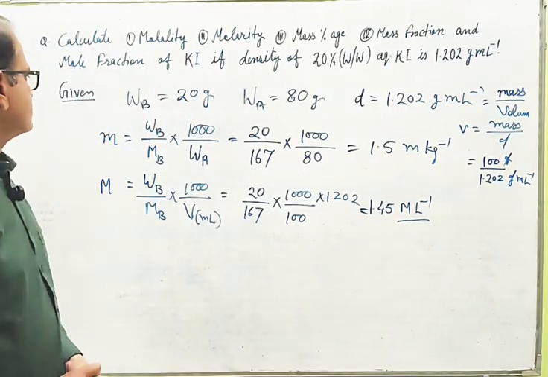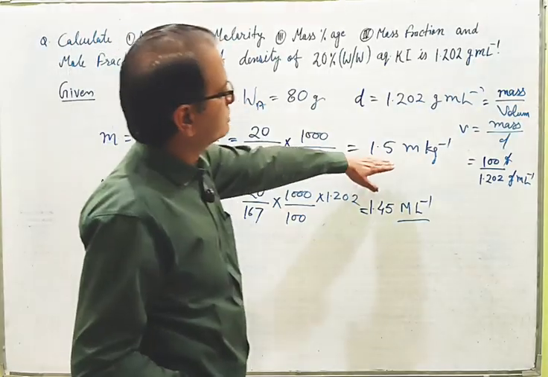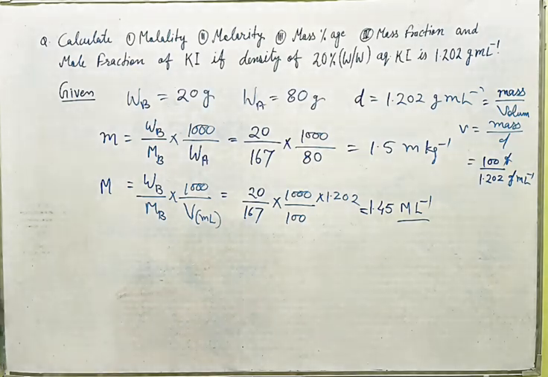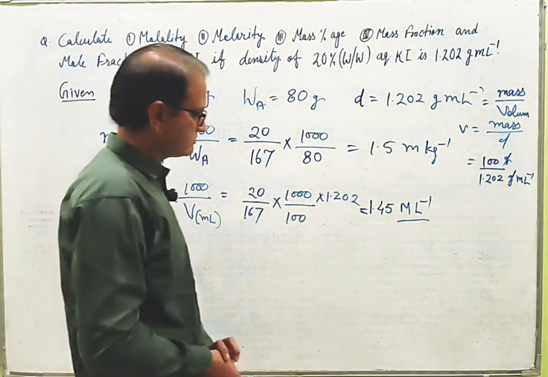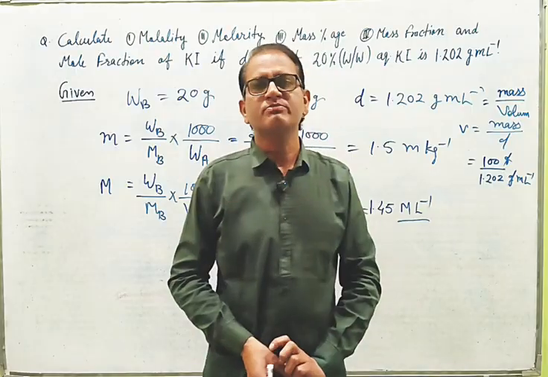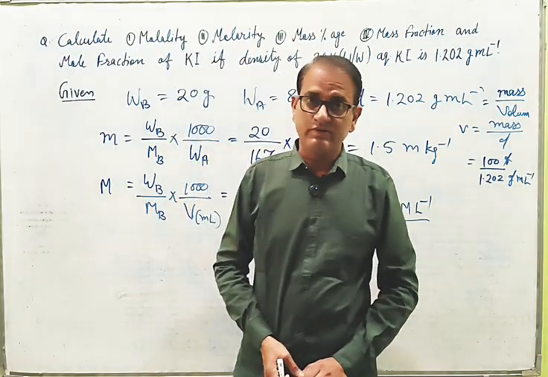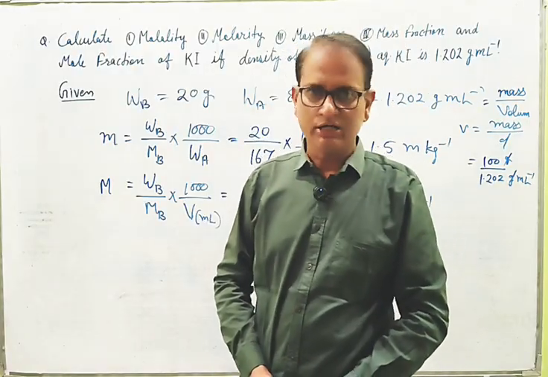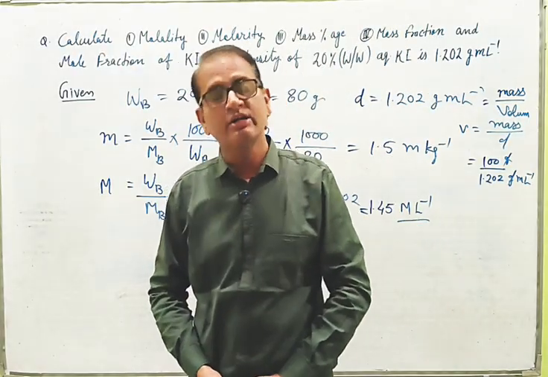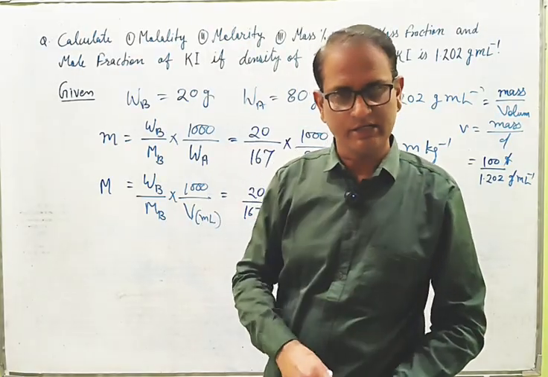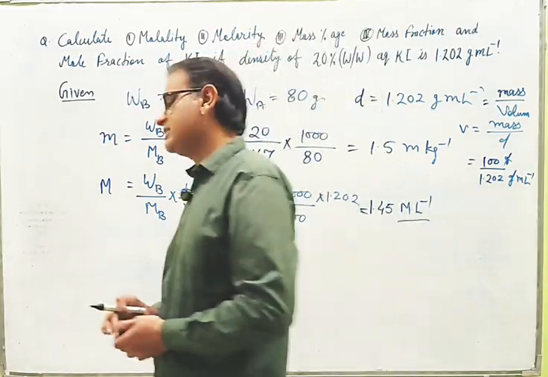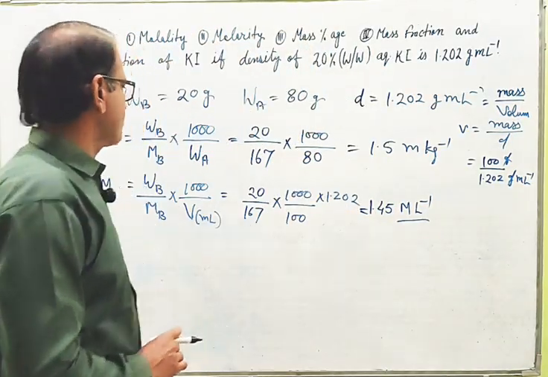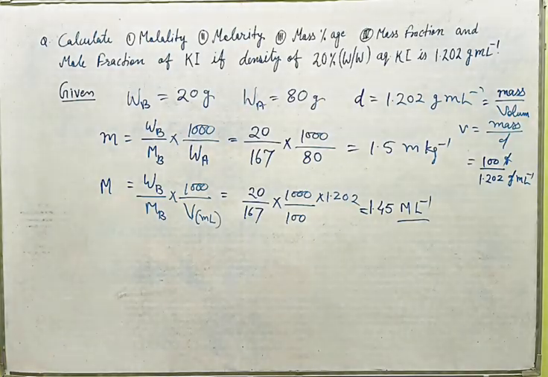We can see that at the same temperature the molality is 1.5 but the molarity is 1.45. It means the molarity is less than the molality. In the previous video we discussed that molality depends upon temperature, nature of solvent and nature of solute. It may be less than molarity, higher than molarity, or equal to molarity. All three conditions may be there at constant temperature and pressure for a particular solution. So this is how we can calculate molarity.